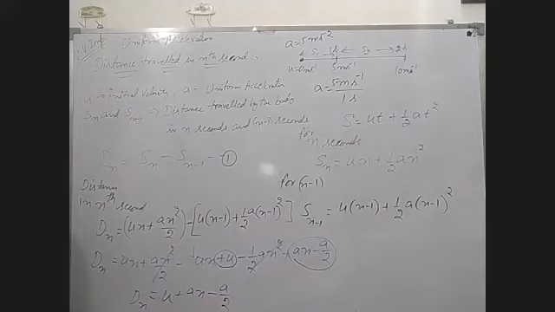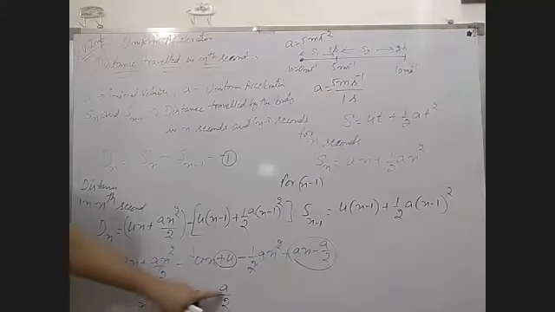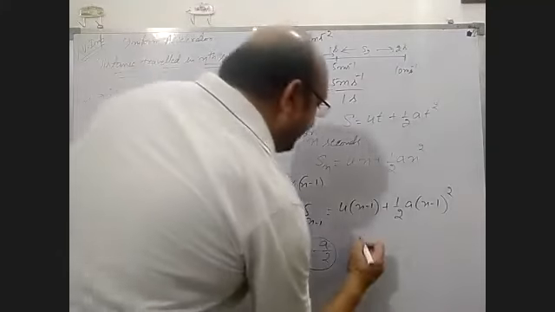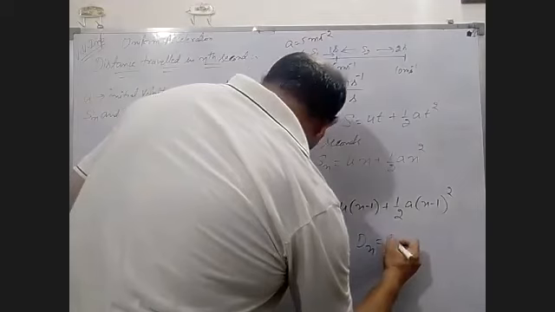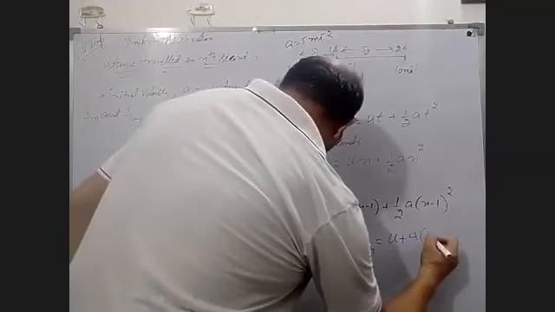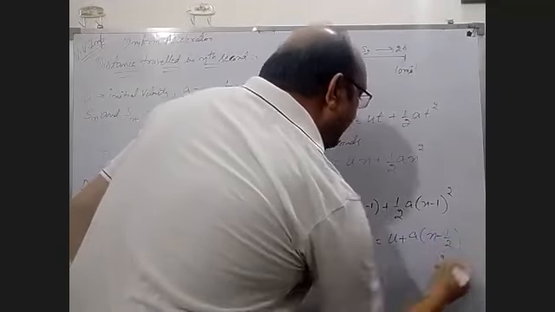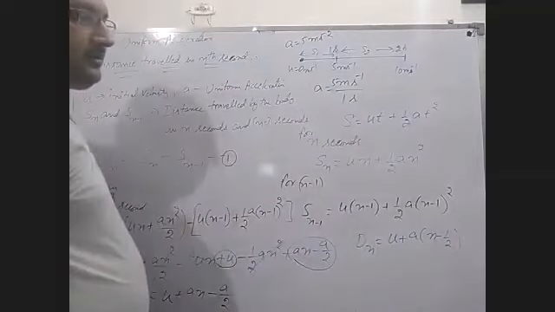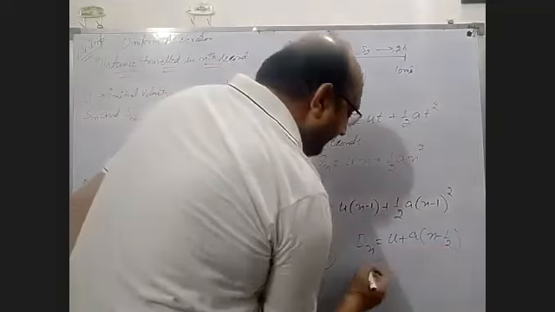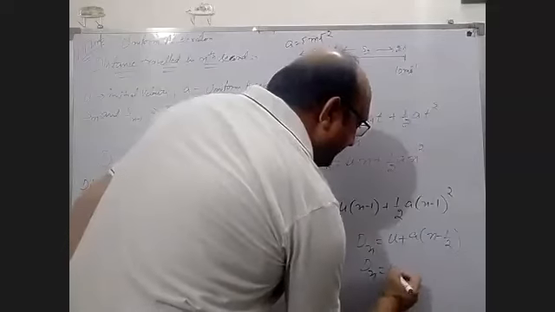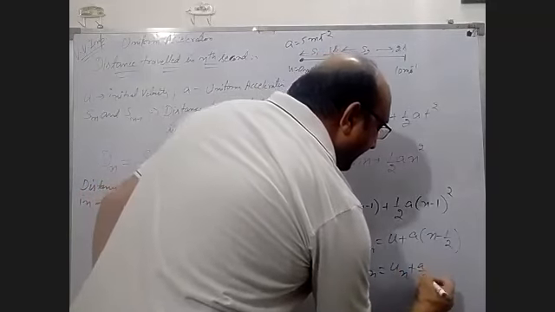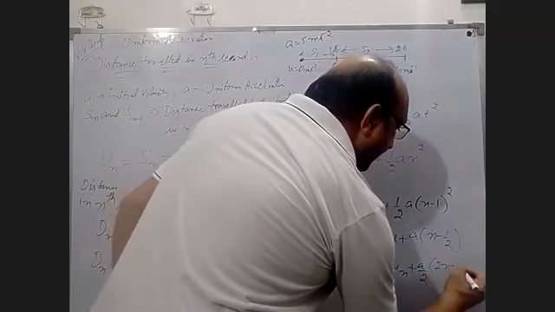Now on simplification, we can take a common from there, then d n becomes u plus a (n minus 1 by 2). Now take LCM, then d n becomes u n plus a by 2 (2n minus 1).